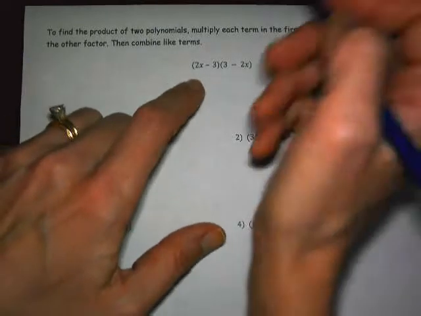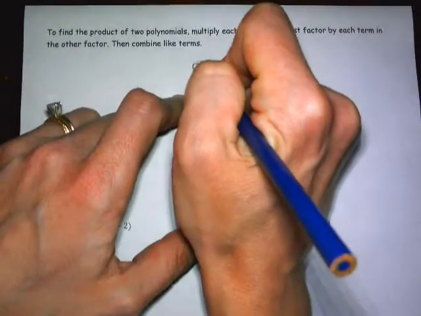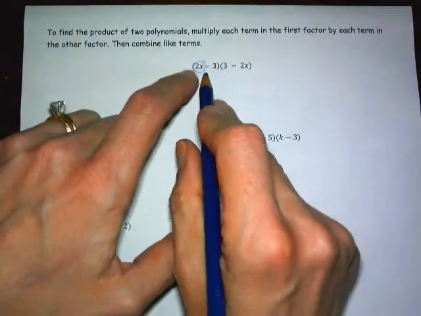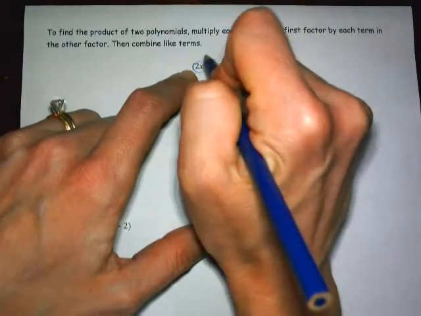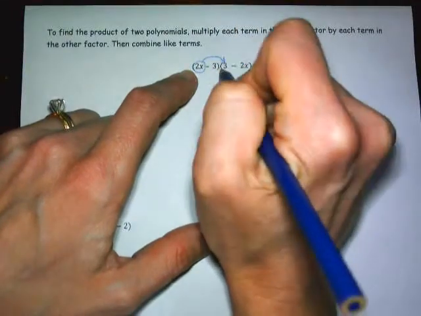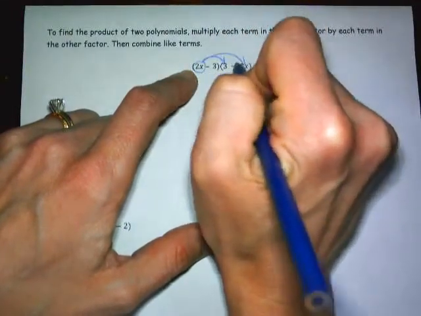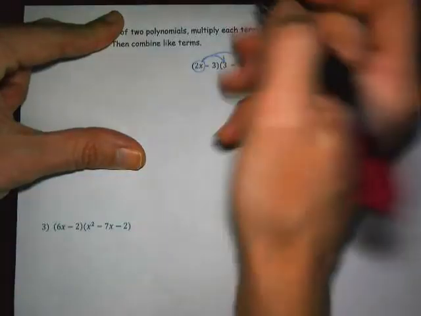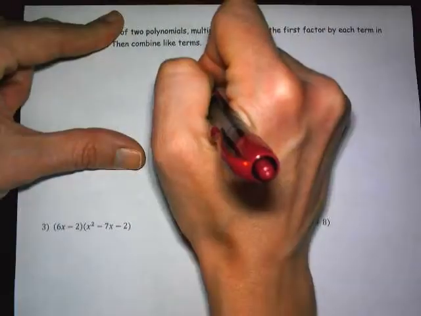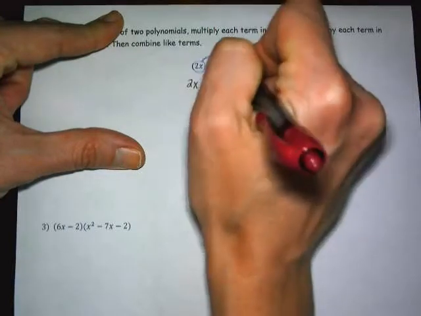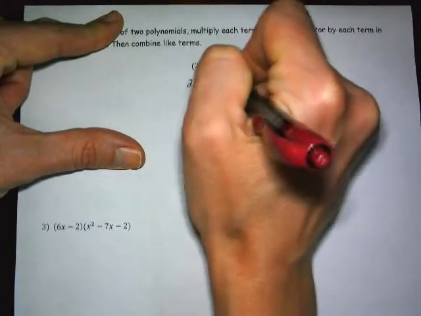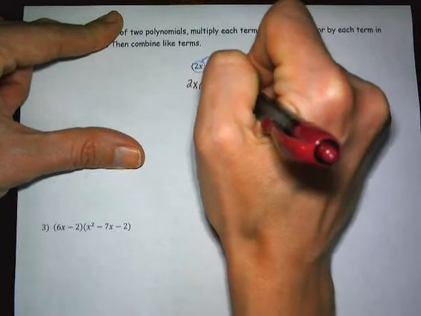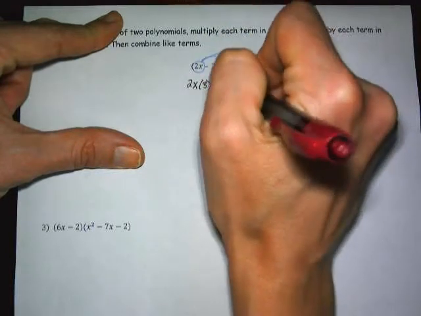So first, I'm going to take this first term of my first set of parentheses, the 2x, and I'm going to multiply it by the 3 and then by the negative 2x. So, and I'm going to break this down into pieces again. I have 2x times 3 plus 2x times negative 2x.